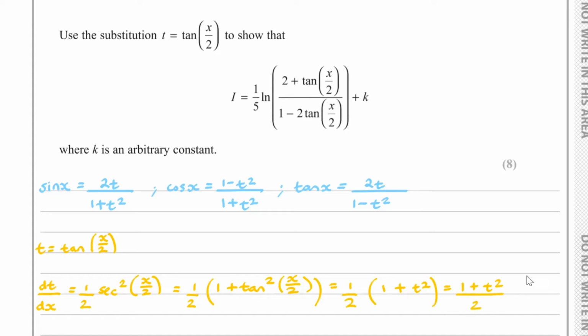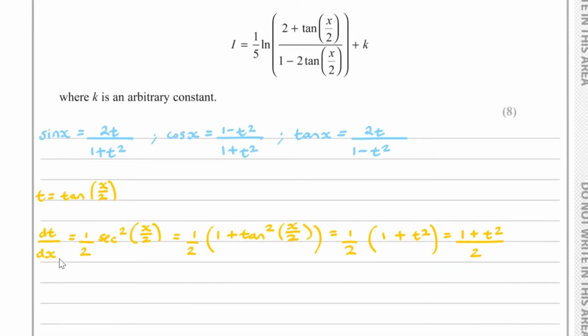Knowing what dt over dx is, we want to find out what dx is. Hopefully you can see that dx upon dt is equal to 2 over 1 plus t squared, and therefore dx is equal to 2 over 1 plus t squared dt.